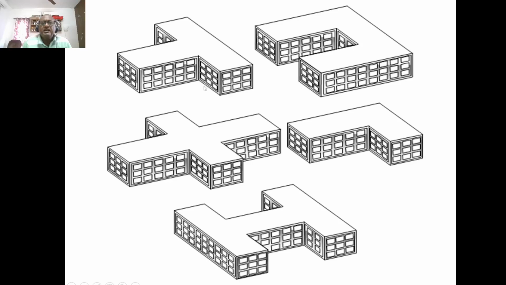But at the same time, we should understand this. Let us take T for example. This portion is going to move in one direction, whereas this other rectangle is going to move in a different direction. So during an earthquake, because everything is lateral, at the joint we have a reentrant corner, and that is the source of failure. There are two possibilities.